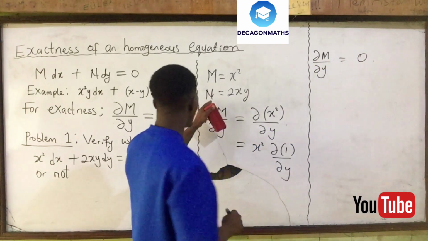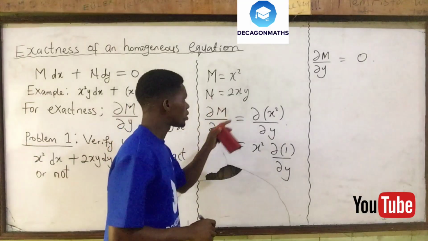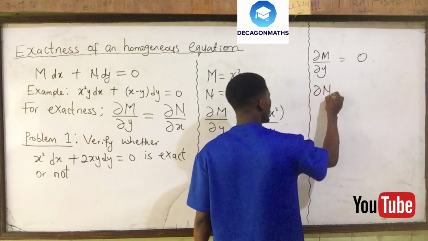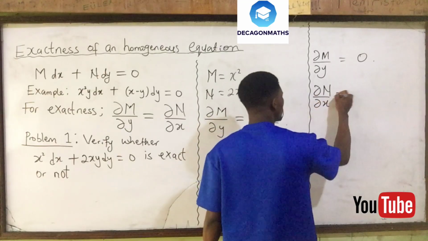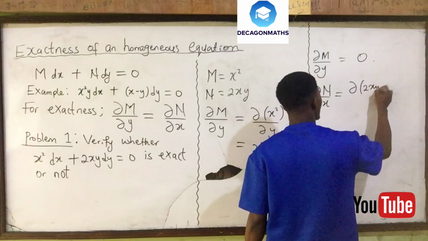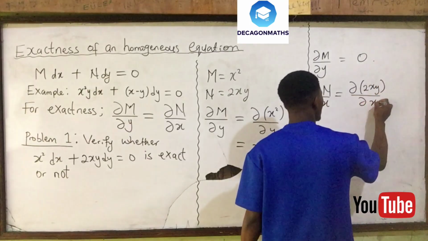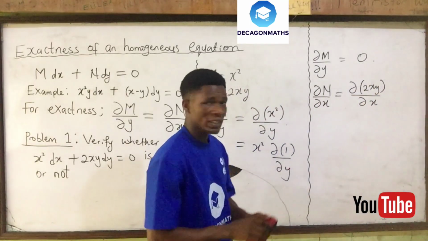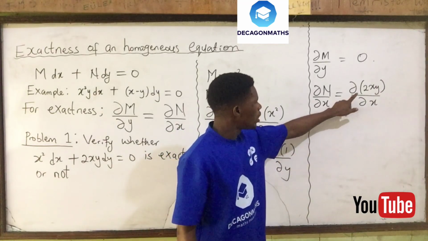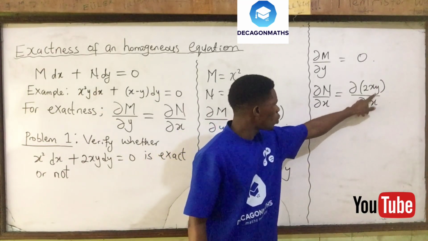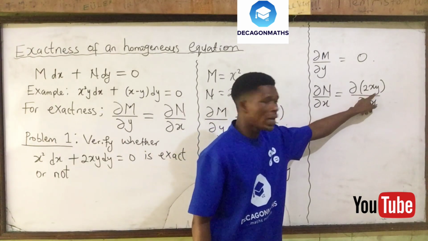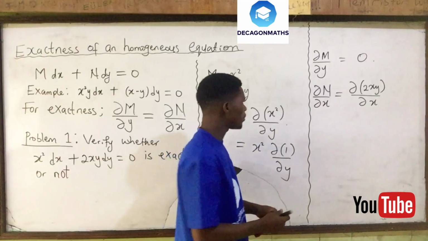Now let us take the partial derivative of N with respect to x. So we have the partial derivative of N with respect to x, written as the partial derivative of 2xy with respect to x. Now we are doing partial differentiation here, so with respect to x, y will be taken as a constant. That means in this case, 2 and y are our constants, so let us bring them out.